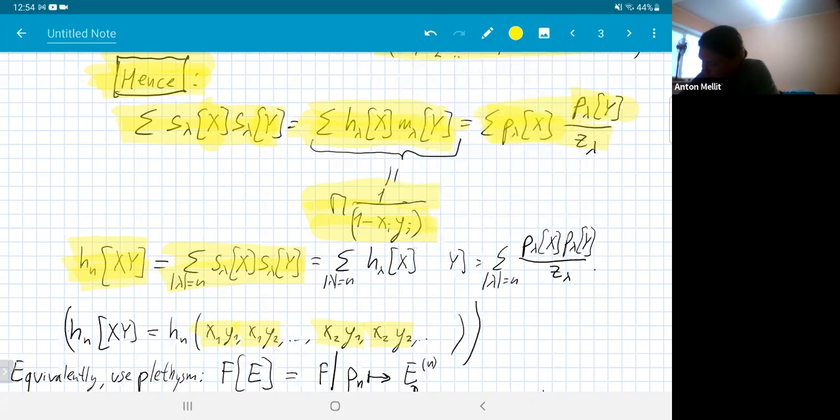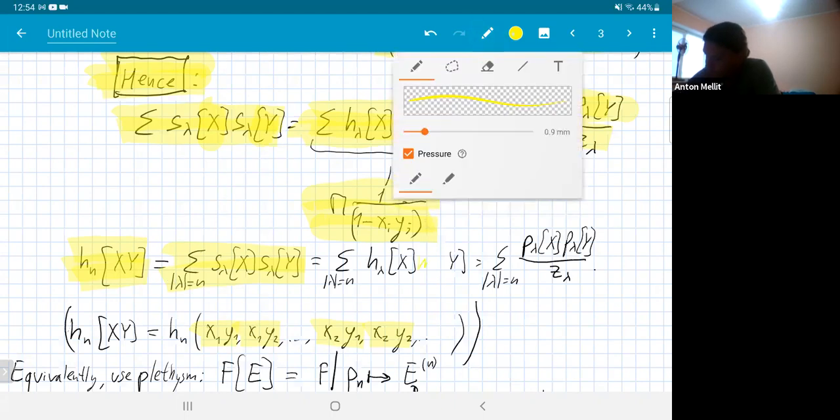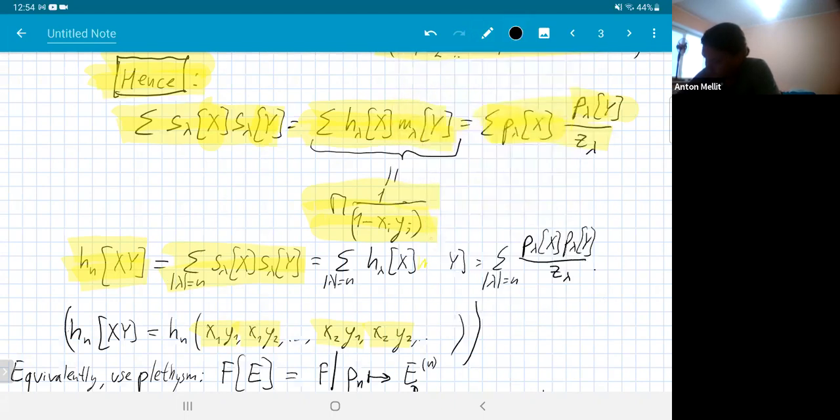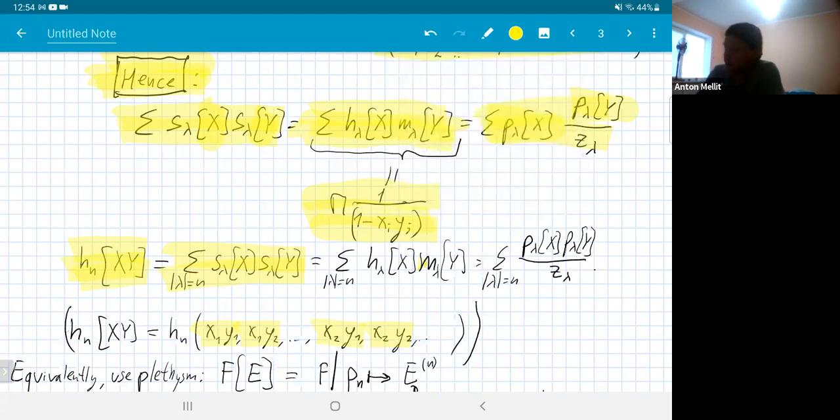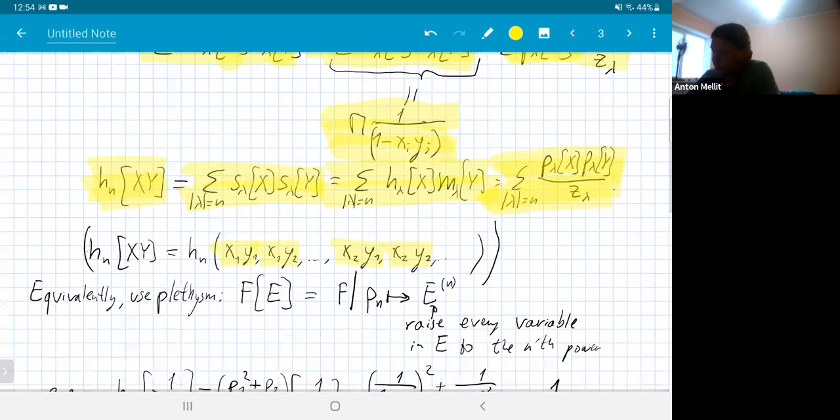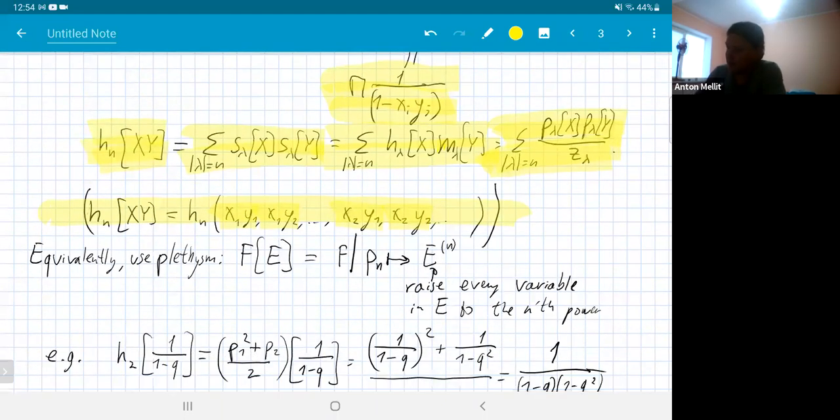So m lambda, or in terms of p lambdas. And if you want, notice that in terms of the p's, you can also connect it to the so-called plethystic exponential. Yeah. So, right, so this is h of xy, and there are three expressions for it.